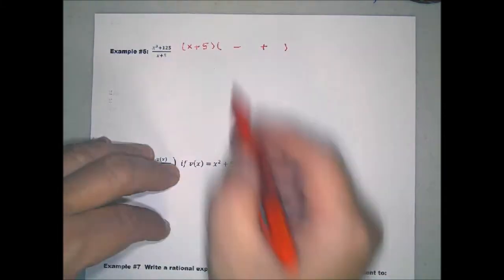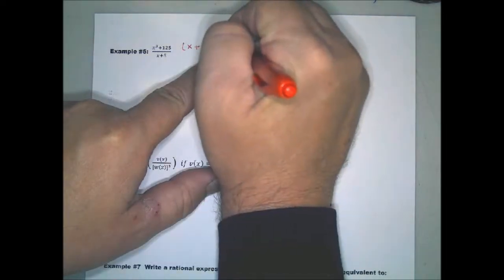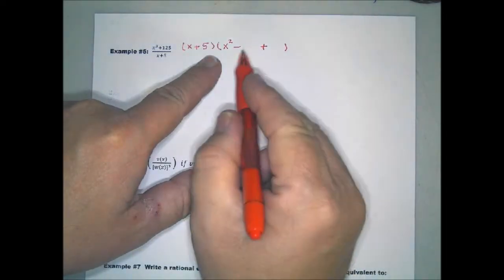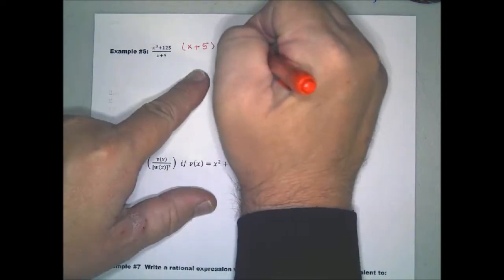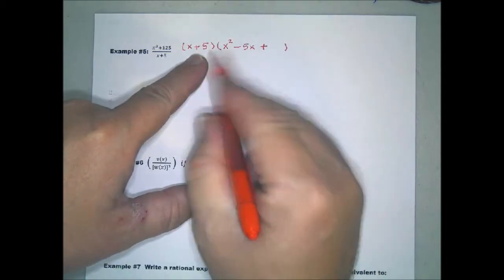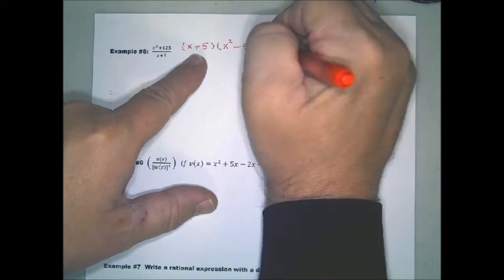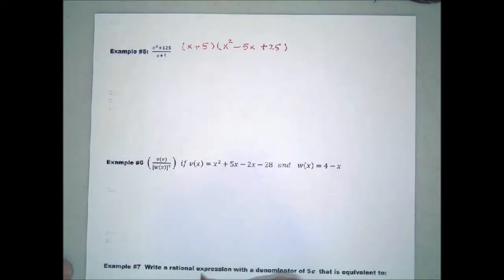Now the pattern goes, I need to take this and square it. The middle term is one of each, so x times 5 is 5x. And then the last term is this squared, so that's 25. So that's the numerator factored using the sum of perfect cubes.